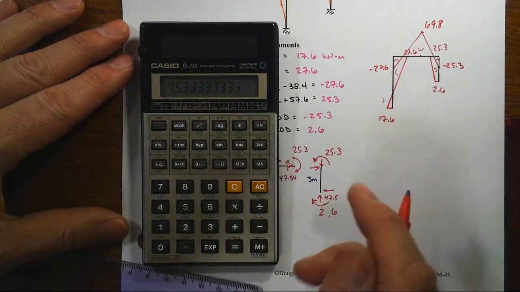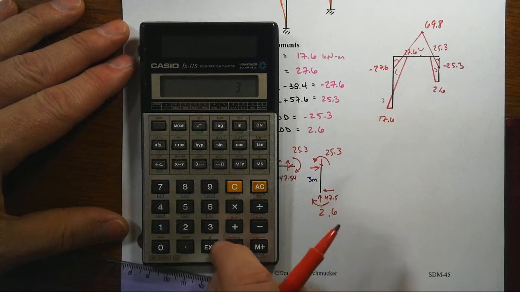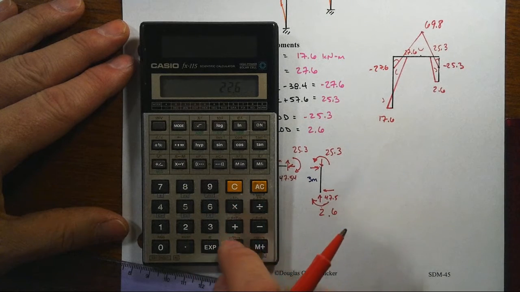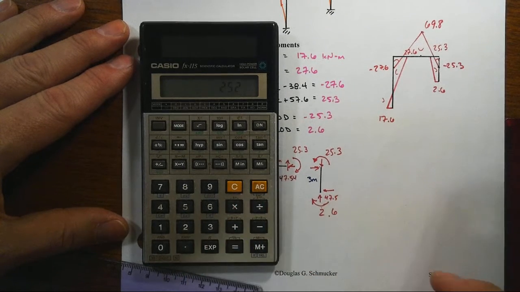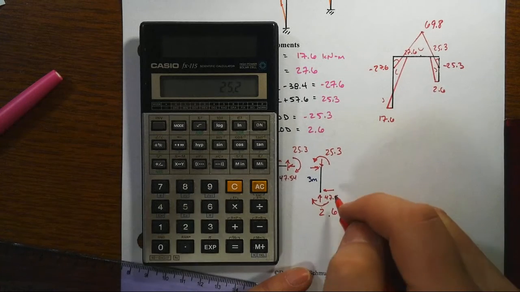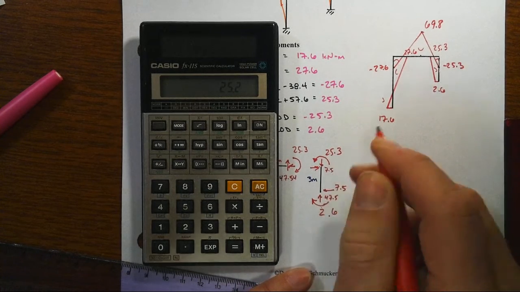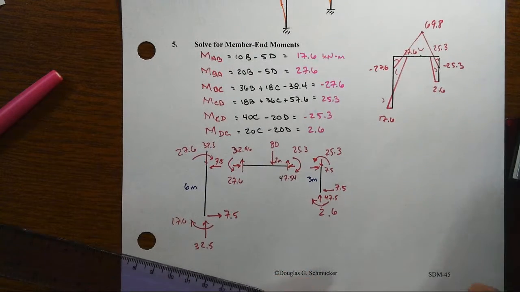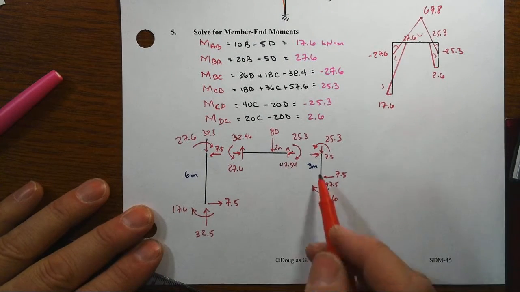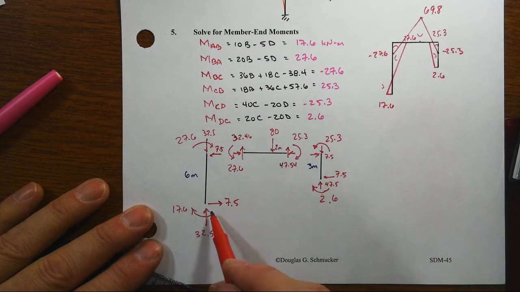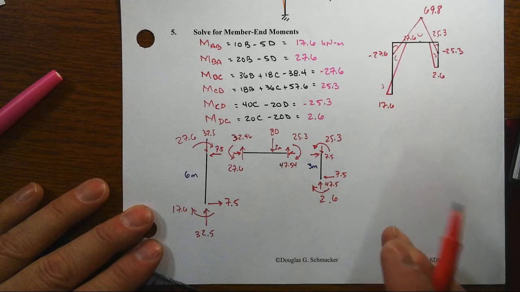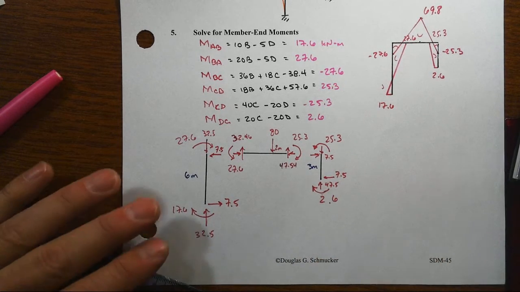So let's see what happens. 7.53 times 3 meters is 22.6 plus the 2.6, and that's almost 25.2. So we have done pretty well there. Little rounding error only, and those are your final member end moments. These, of course, are giving you reactions: A over here at the left, D over here at the right.